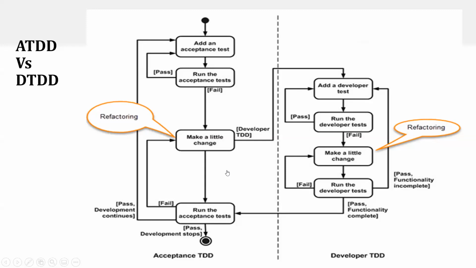From this diagram, what you understand is developer TDD is present inside the part of acceptance TDD. What is acceptance TDD? It is also known as BDD. And where is BDD? It is present inside TDD. What is TDD?